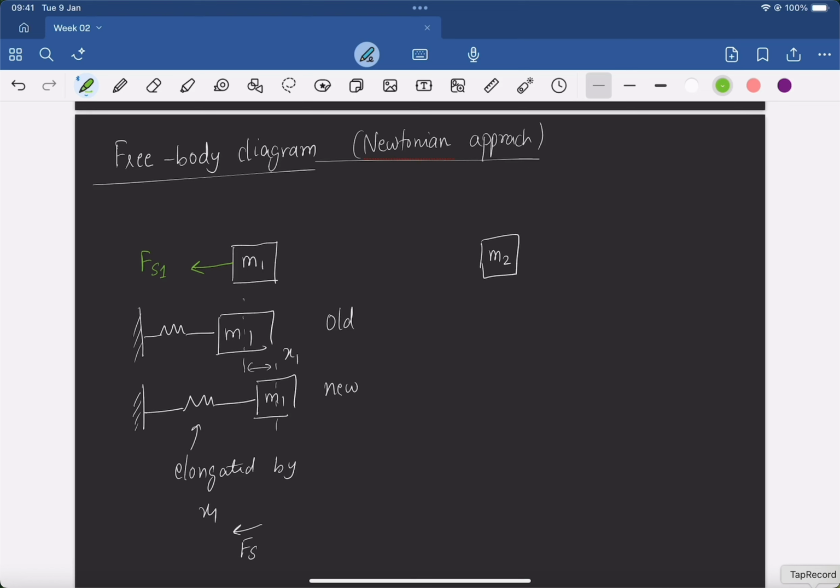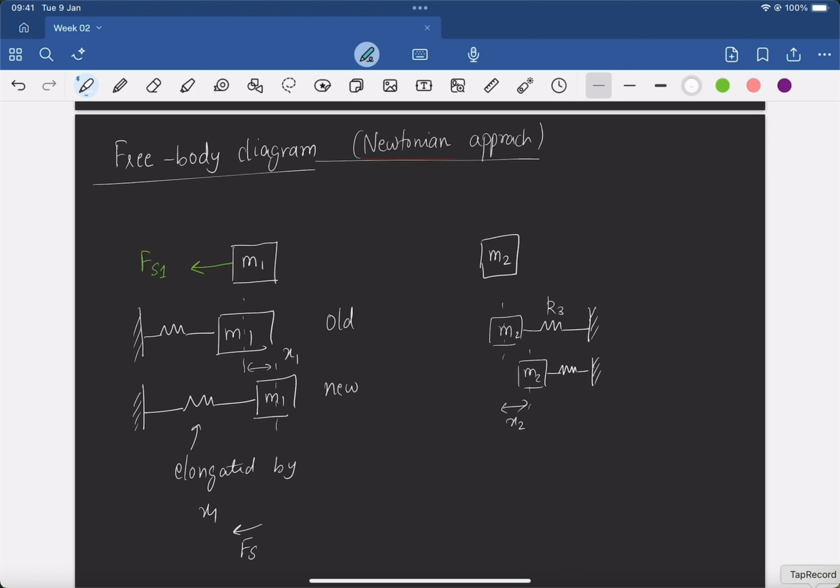Now similarly, let us assume that our mass m2 was in a particular position, right? And I have a spring k3 and it has moved to the right. Again, I can say the distance here is x2, and that means my spring here has been compressed.